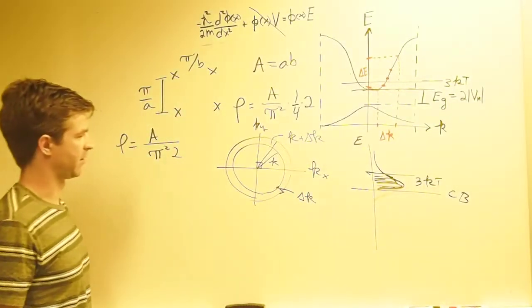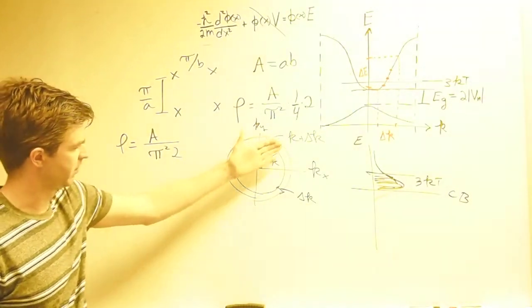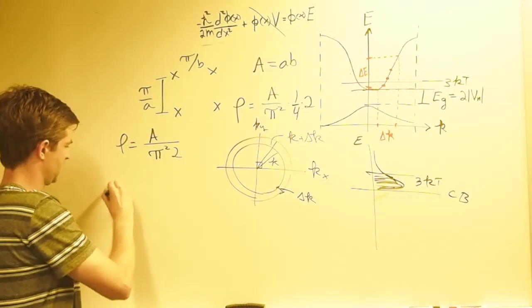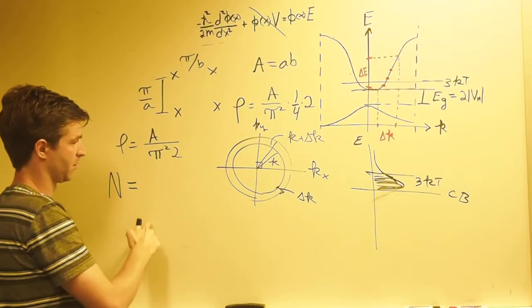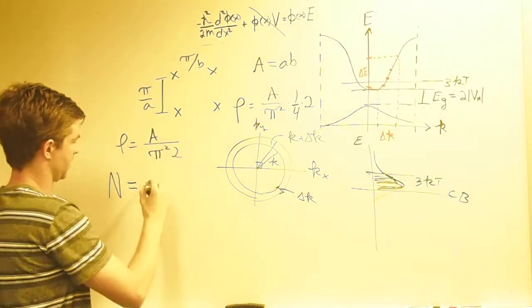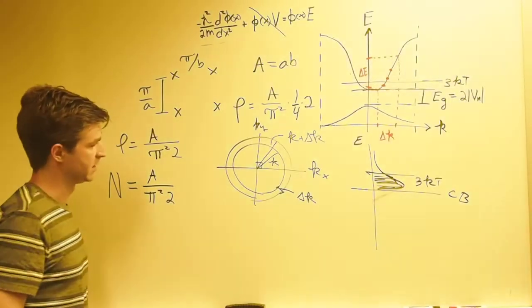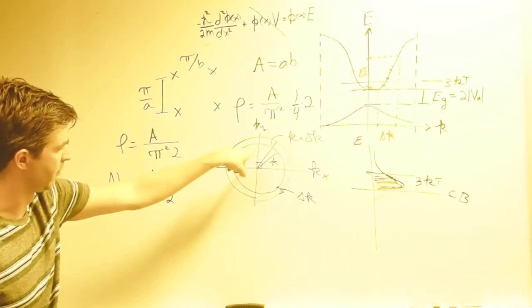This area between these two, we want to cancel out the area and just get the number of states, which is equal to this A over pi squared times 2, times the circumference of the circle.